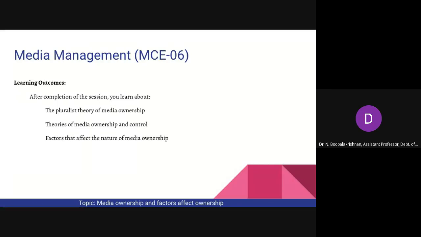After completion of this session, we'll know about media ownership, the pluralist theory of media ownership, the theories behind media ownership, and the factors that affect the nature of media ownership. So this will be an introductory class for knowing the concept behind media ownership, and why it is so important to study.